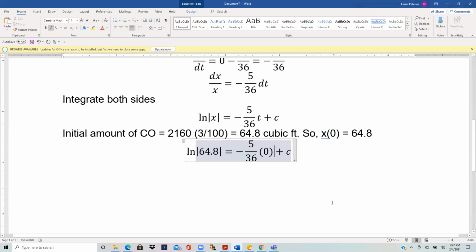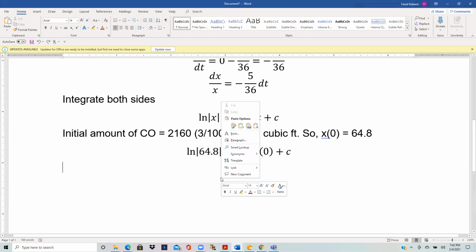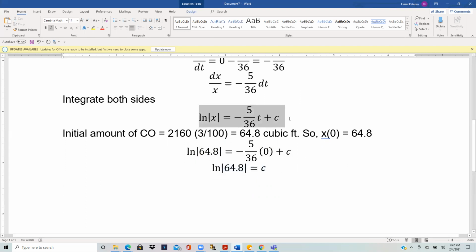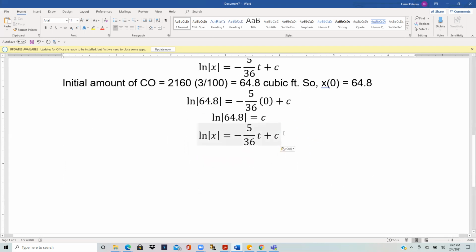Therefore C is ln 64.8. So this equation becomes ln of absolute x equals negative 5t by 36 plus ln 64.8.